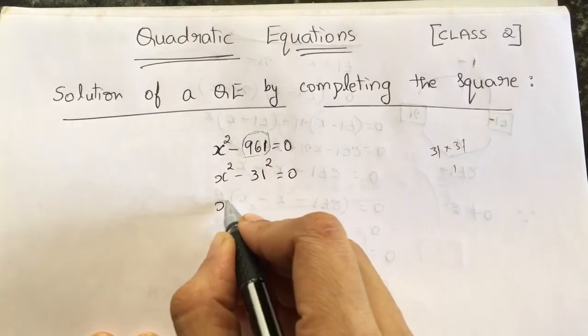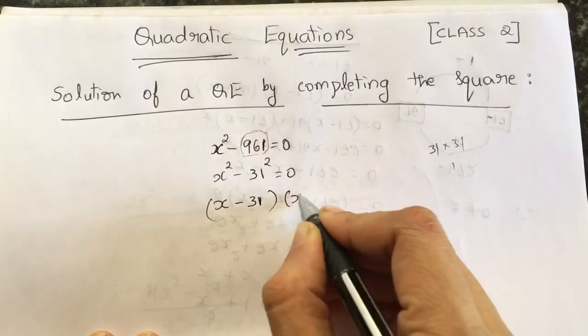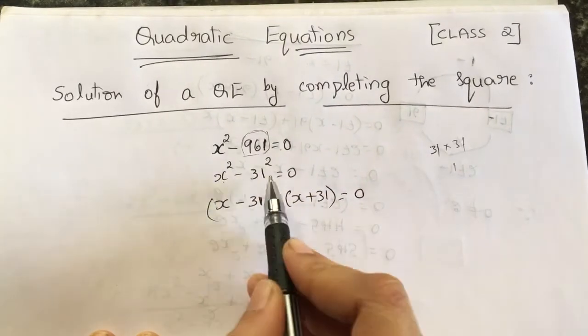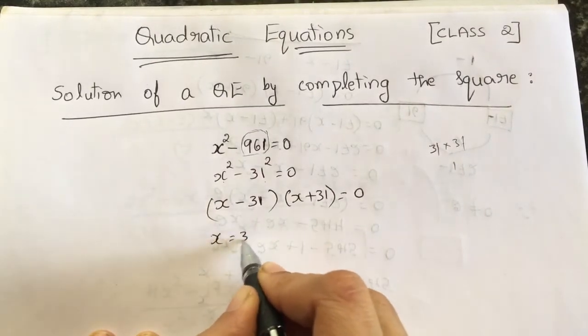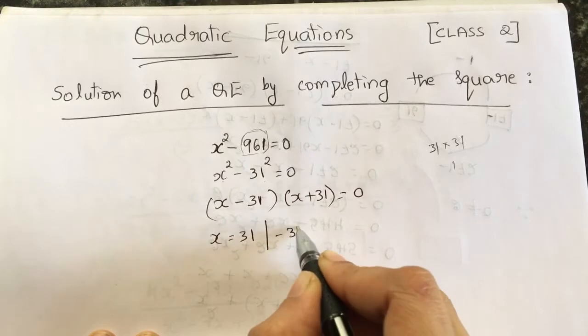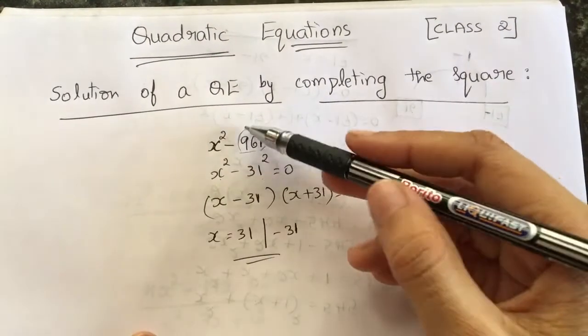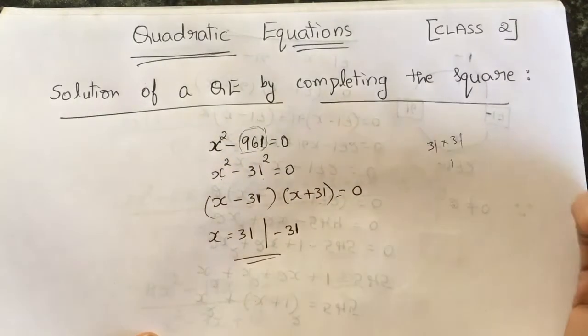Now I can write (x minus 31) into (x plus 31) equal to 0. I'm using the a square minus b square formula. So x equal to 31 or minus 31. Since it's a perfect square number, it is quite easy to solve.